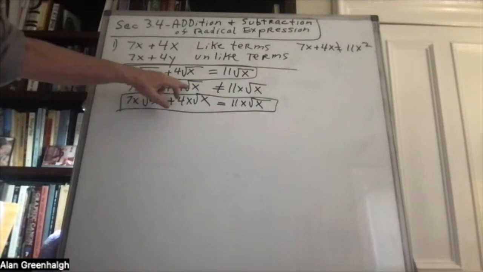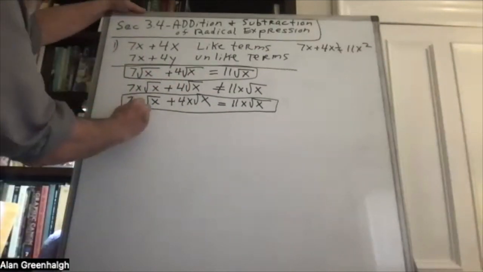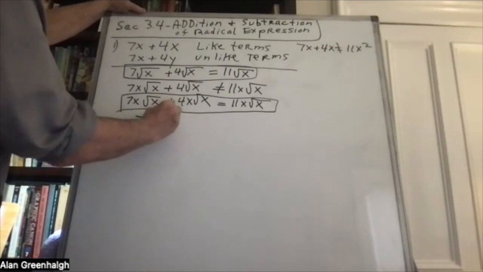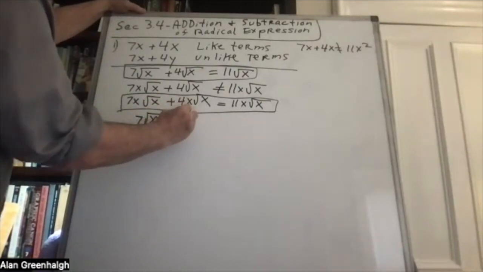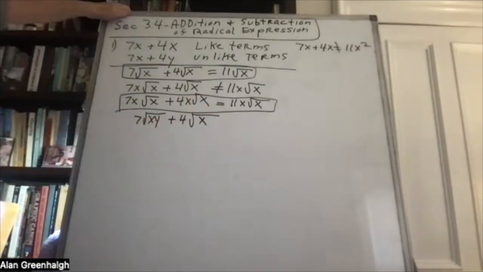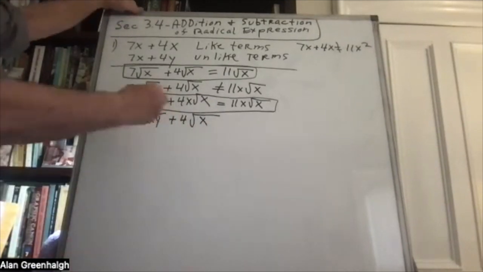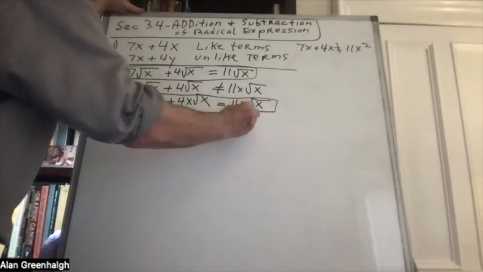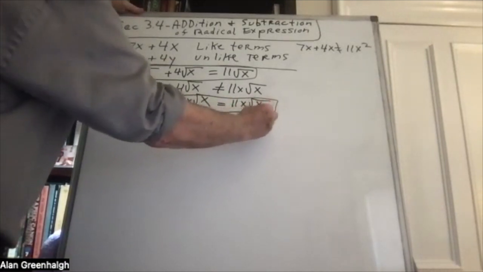This cannot be combined. This cannot be combined either. This is no good either. Well, that's pretty obvious, right? But if you put in there a y, then you could combine them and you would get this.